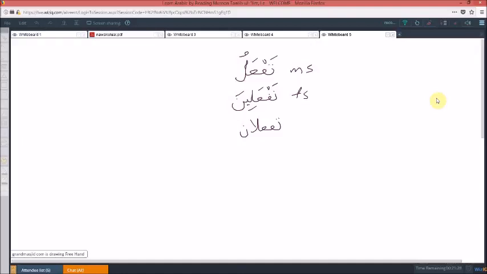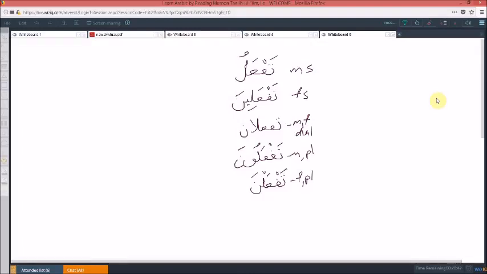It's the same for male, female, dual. Taf'alani, same thing. And we have taf'aluna, male, plural. And then taf'alna. Female, plural.